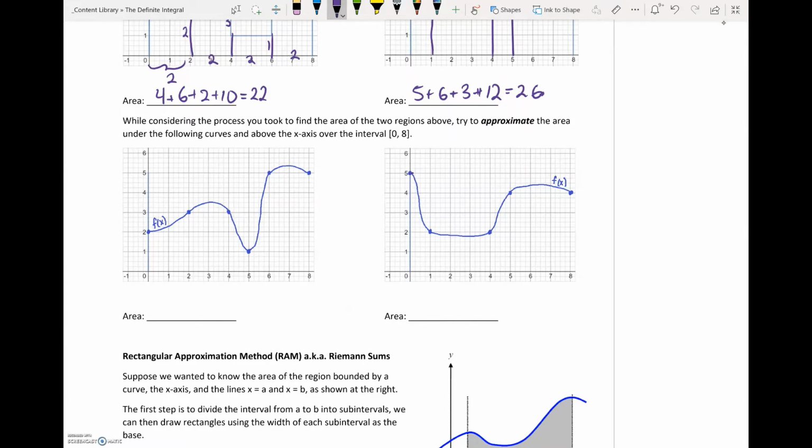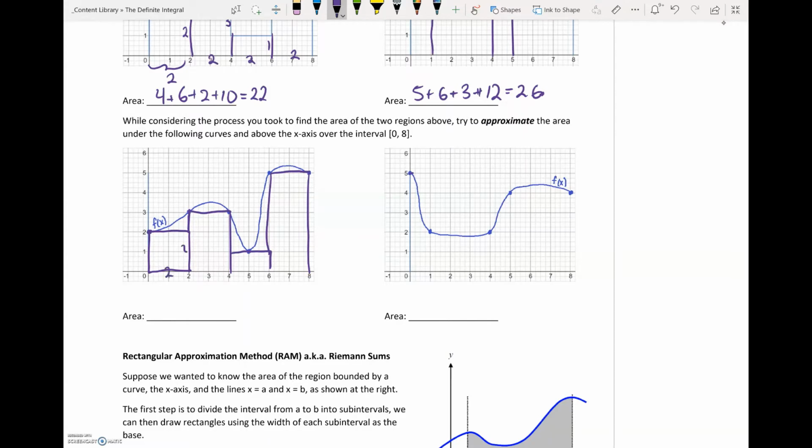From the first point, I'm going to use that to help me guide to my first rectangle. And then from the second point, I'm going to use that as a guide again to create my second rectangle, and so on and so forth. Okay, so I have 4 rectangles, and I can calculate the area of each just like in the previous 2 examples.